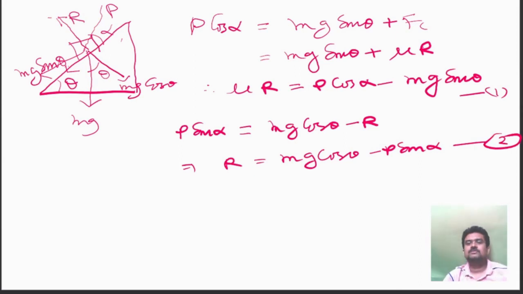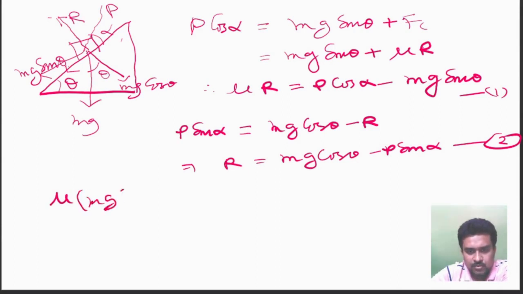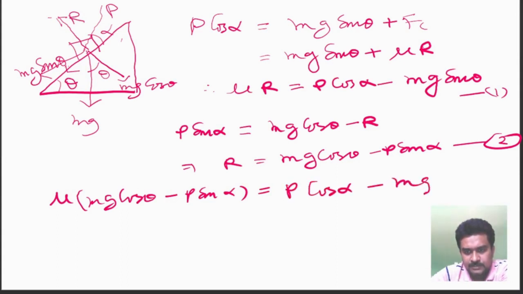So we can use the value of R here in equation 1, and we can write down like this: mu times (mg cos theta minus P sin alpha) is equal to P cos alpha minus mg sin theta.